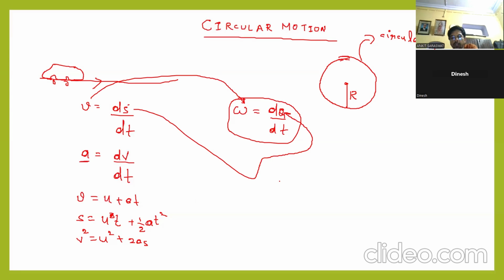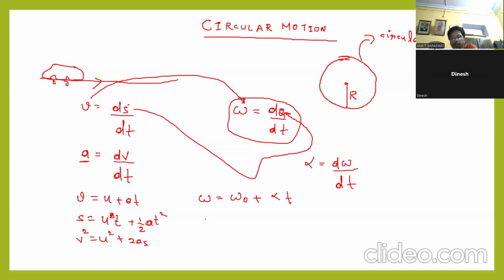Similarly, a is acceleration, the rate of change of velocity. Here, angular acceleration. Alpha is d omega by dt. In place of a, there is angular acceleration. Omega is equal to omega naught plus alpha t.